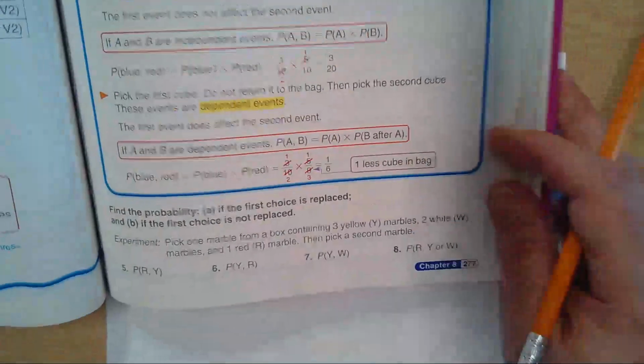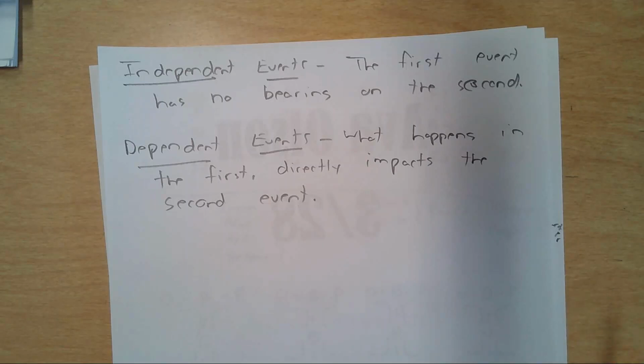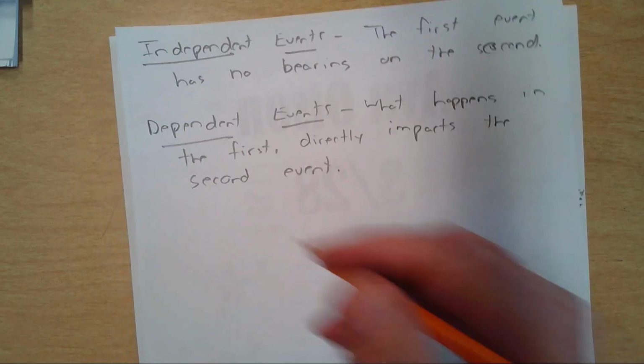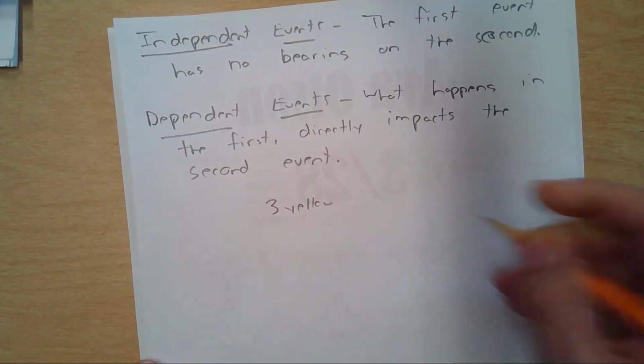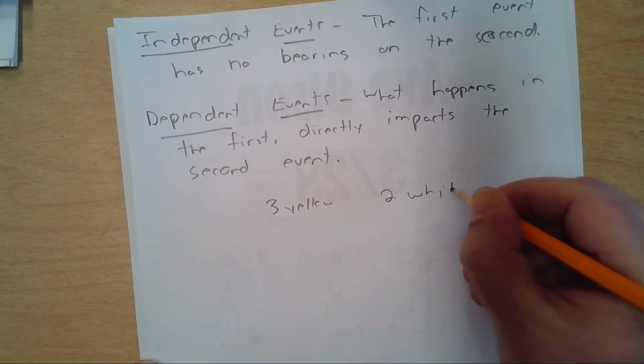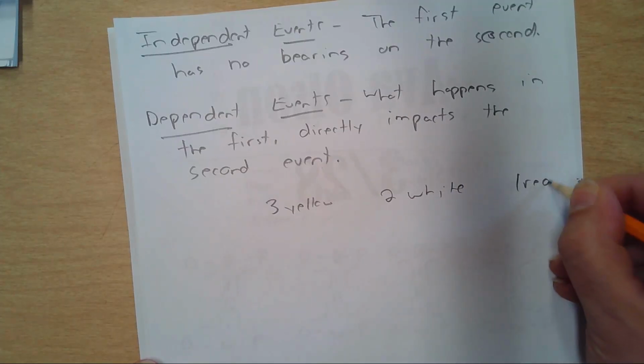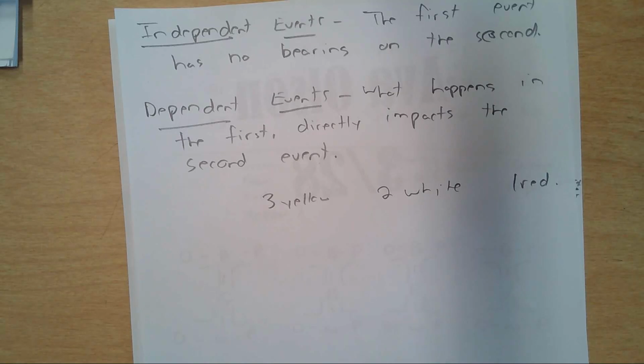So let's look down here to this part. What they're saying here is pick a marble from a box. We've got 3 yellows, 2 whites, and 1 red. And 2 things are being asked.